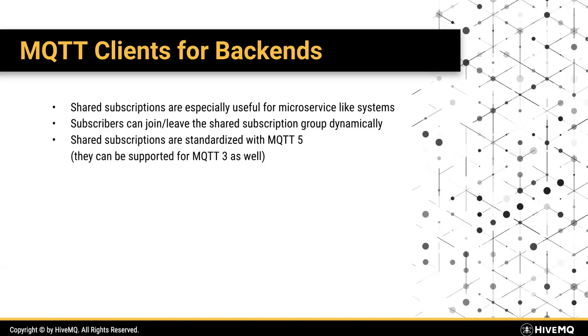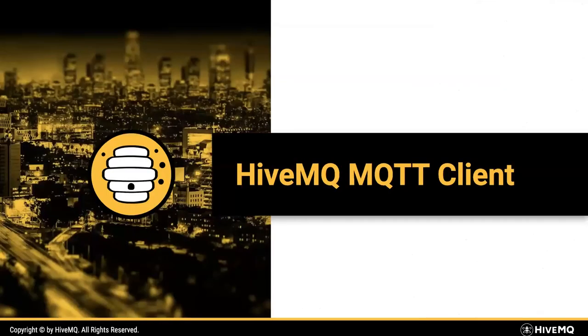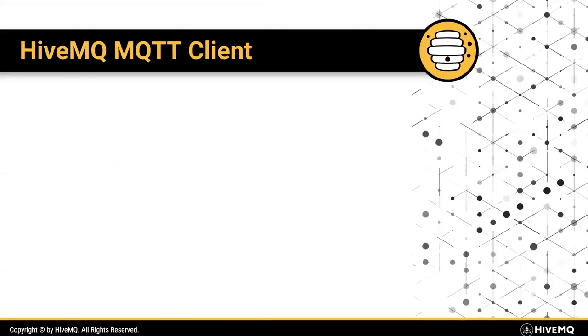Now let's take a closer look at the HiveMQ MQTT client and how an MQTT client can solve these problems and these requirements. A short introduction about the MQTT client from HiveMQ. It is a Java library to connect MQTT clients.